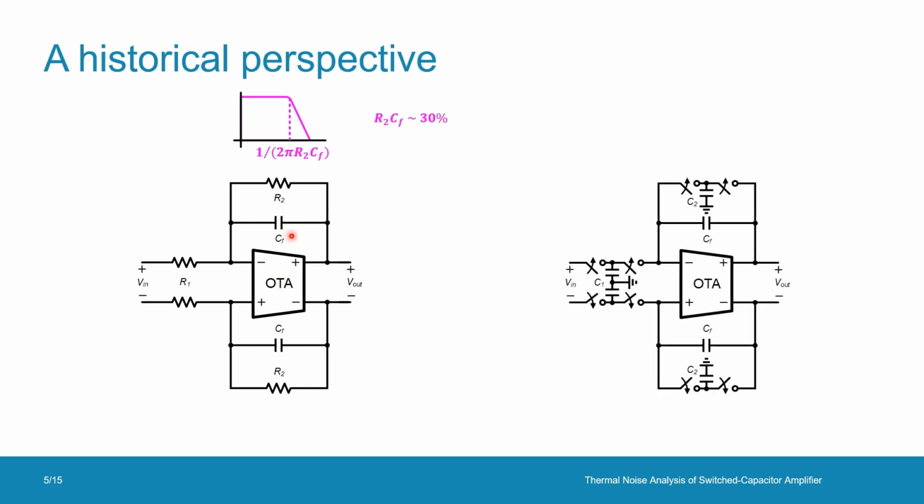For this reason, people started to use capacitors to emulate resistors. In this case, the time constant is set by the capacitor ratio with a remarkable accuracy of 0.1%.